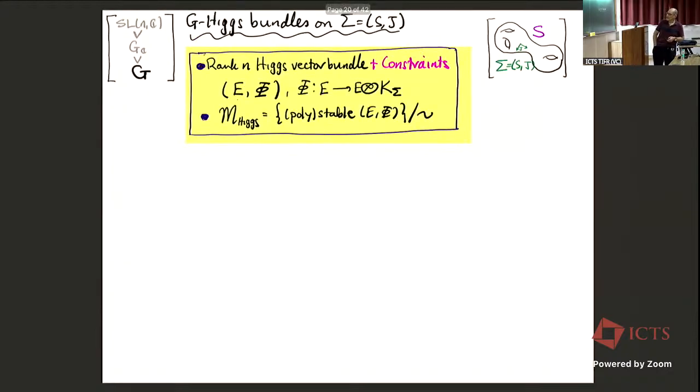Okay, so what do we learn from the Higgs bundles perspective? It's time to say something a little bit more specific about the Higgs bundles we're talking about.